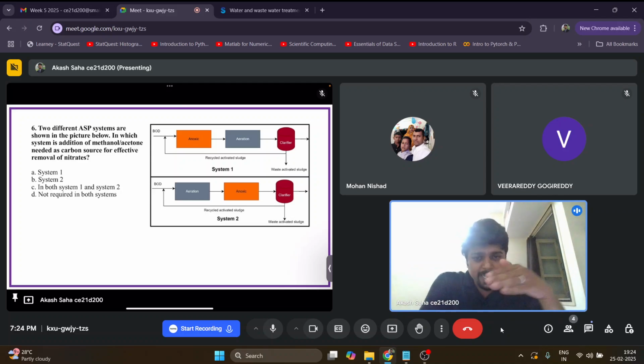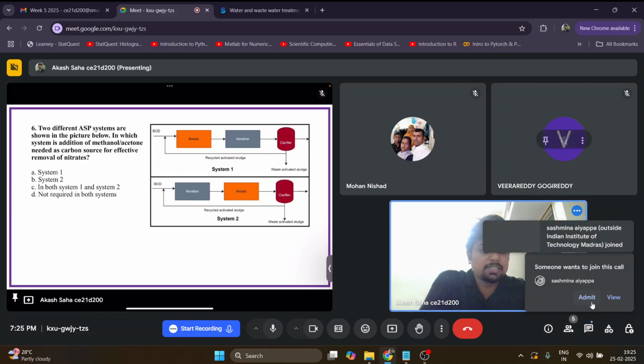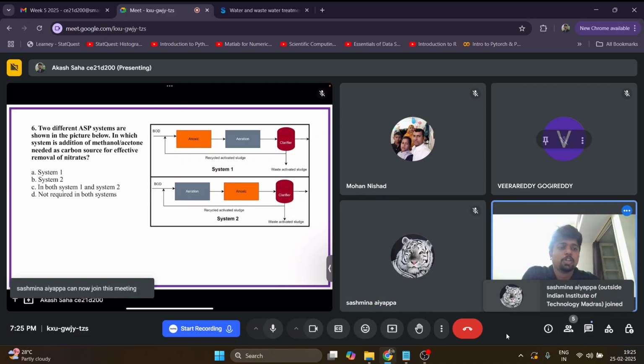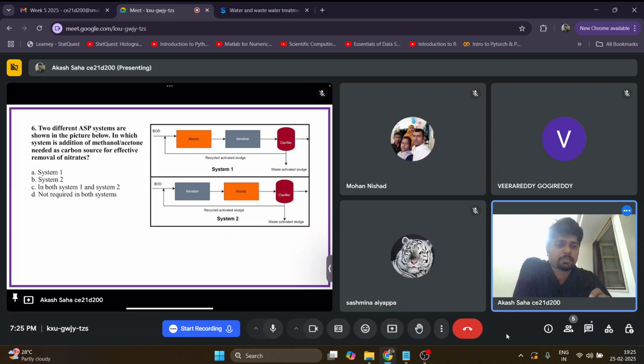So next, when it goes to the anoxic chamber, there will be very little or no carbon present in my wastewater. And we know that the anoxic system needs some carbon source. So during that time, we have to provide an additional carbon source.